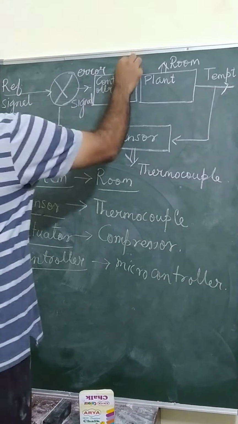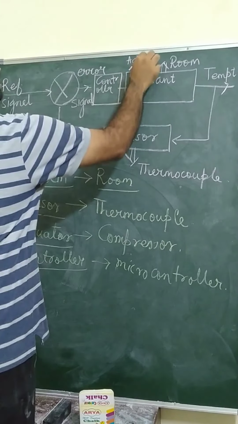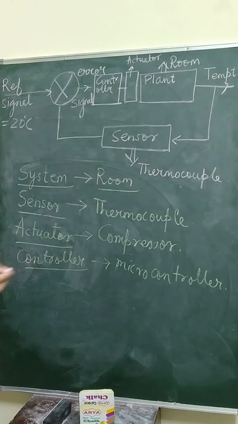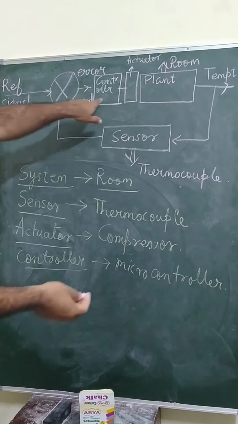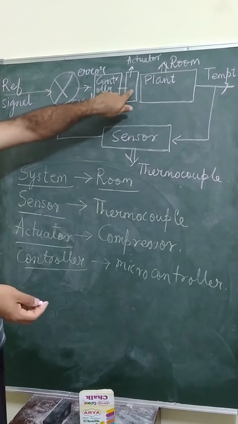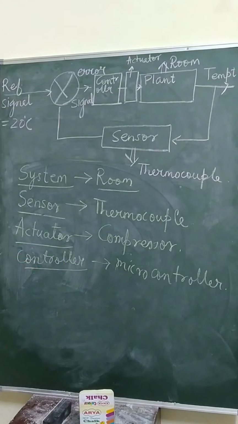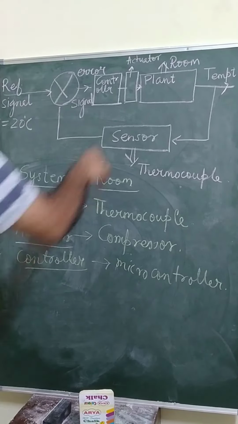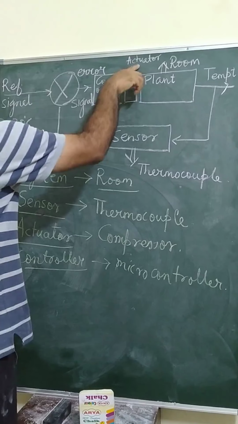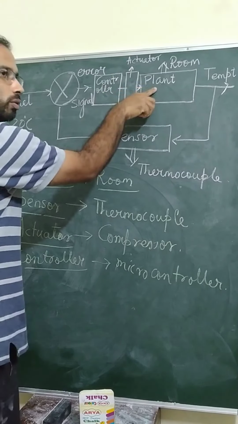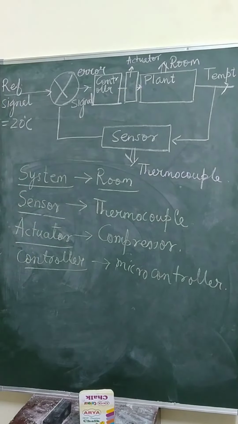So this is your actuator, the compressor, and if it's a non-inverter AC, a constant speed compressor AC, then what would be the simple control command here? You just switch on the compressor. And I think those who have ACs at their home must have seen the compressor frequently switches on and off depending upon the temperature, right? So it will switch on the actuator and the cooling inside the room will start.